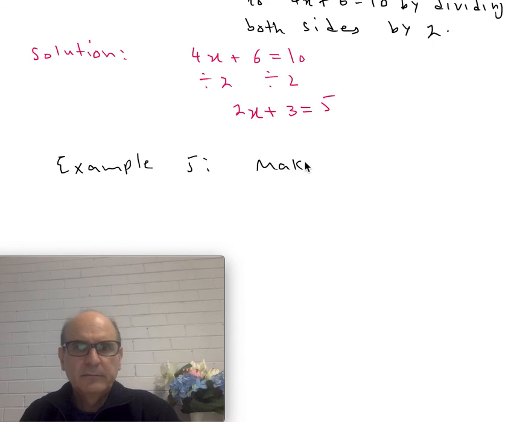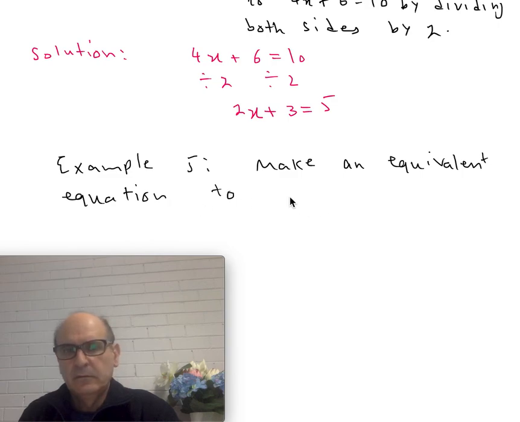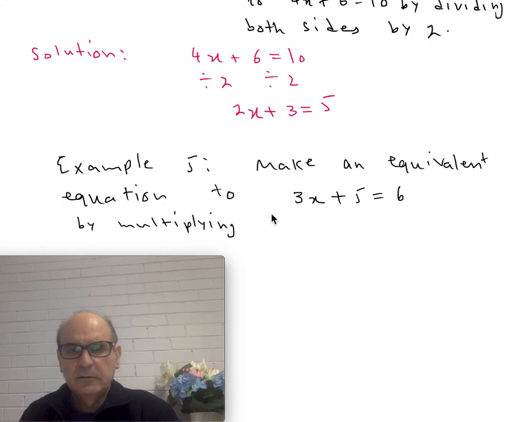Make an equivalent equation to 3x plus 5 equal to 6 by multiplying both sides by 4.